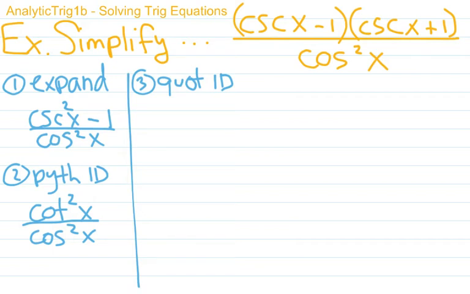But because I don't really want to deal with fractions and fractions, what I'm going to do is rewrite the numerator using the quotient identity, which is cosine squared x over sine squared x. All right, so that's the quotient identity. And then I'm going to multiply that by 1 over cosine squared x.